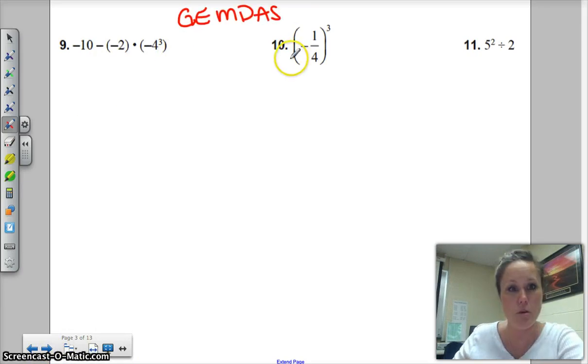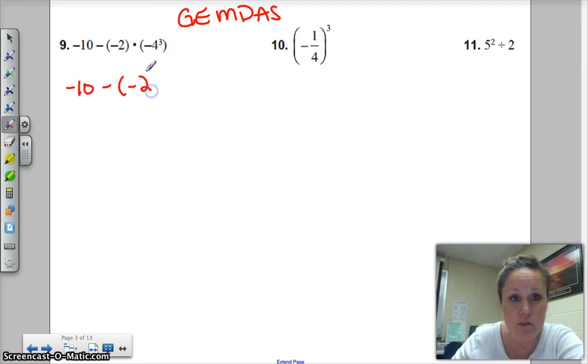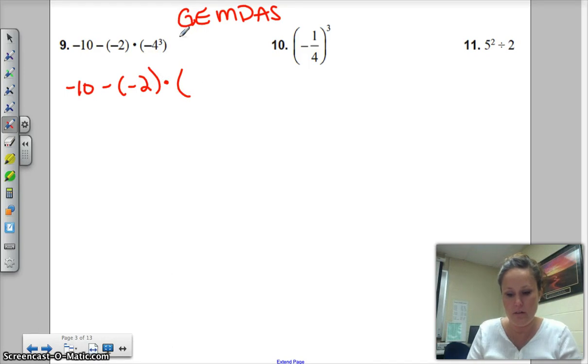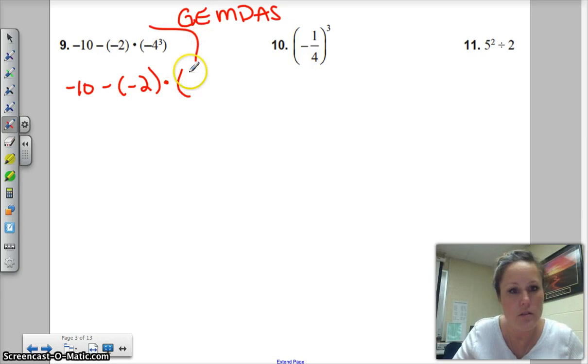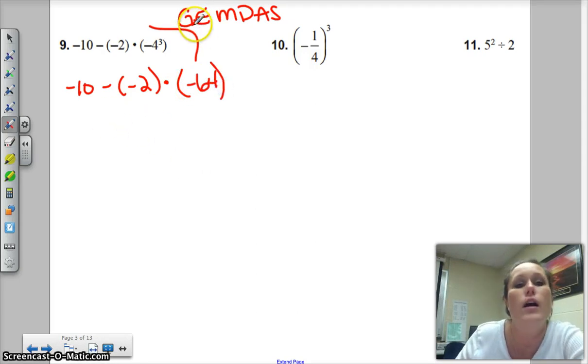Okay, so in this one, the first thing I see is grouping symbols, but there's nothing to do within those except here. Inside this grouping symbol, there's exponents. So negative 10 minus negative 2 times negative 4 to the third power. Negative 4 to the third is negative 64. Whoops, sorry, I totally just wrote all over that. Negative 64. Okay, now I have to follow order of operations.